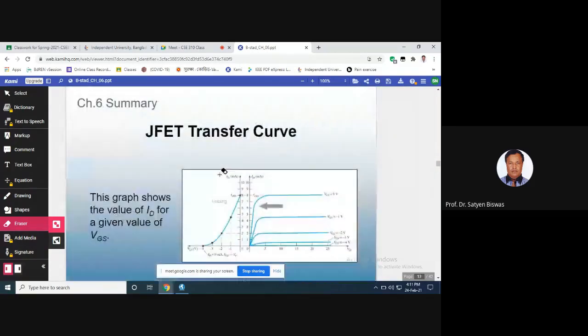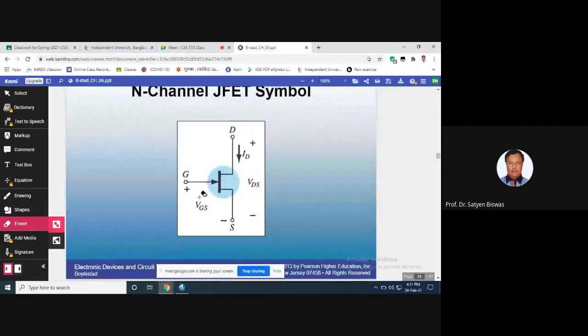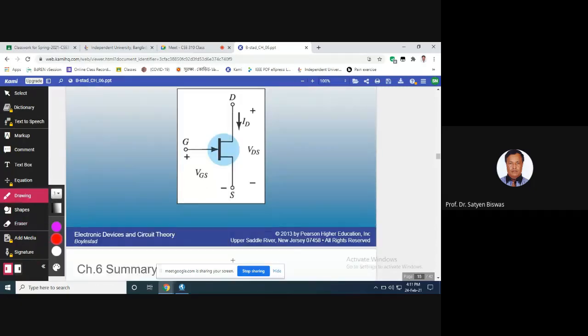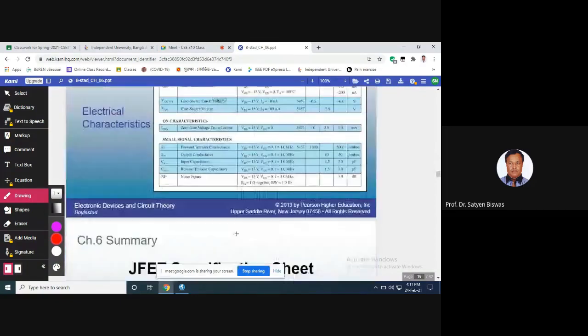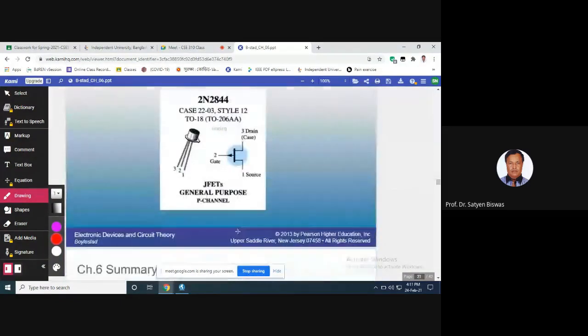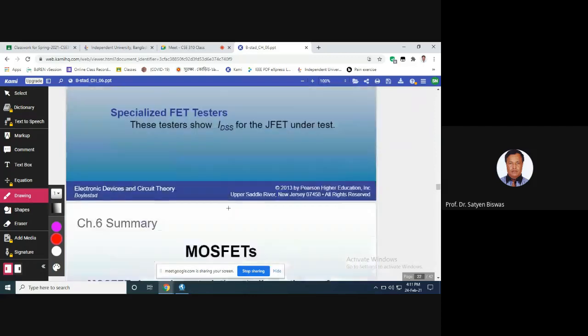And if you see the P type, in the case of P type JFET, this arrow will be in the other direction. Here you see the arrow in the outward direction. So this is the P type JFET, and the inward direction is N type.